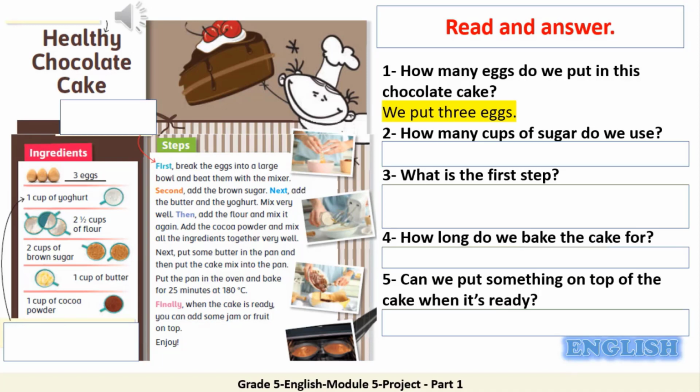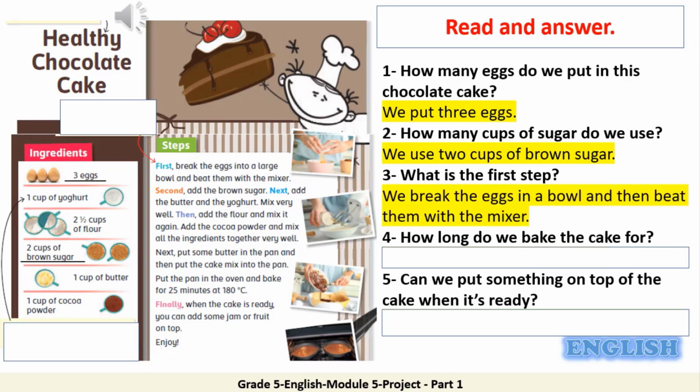Number 2. How many cups of sugar do we use? We use 2 cups of brown sugar. Number 3. What is the first step? We break the eggs in a bowl and then beat them with the mixer. Number 4.